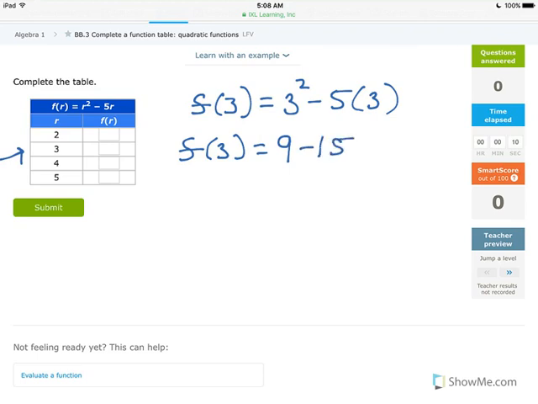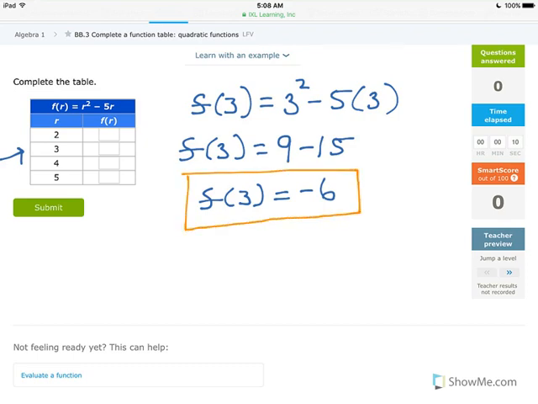And 9 minus 15 should get you negative 6. So what this statement is saying is the value of function f at 3 is equal to negative 6. So this is your output, negative 6. And this was your input, 3. So we're going to put negative 6 into the answer box.